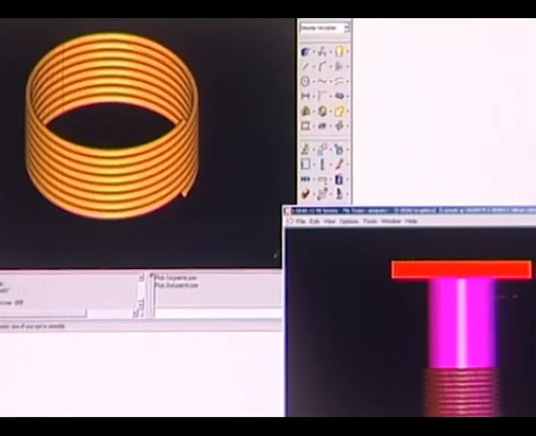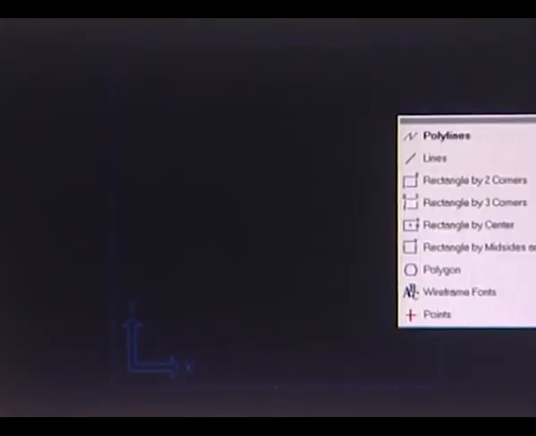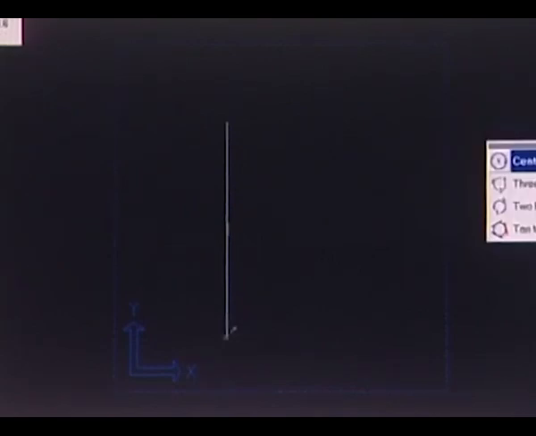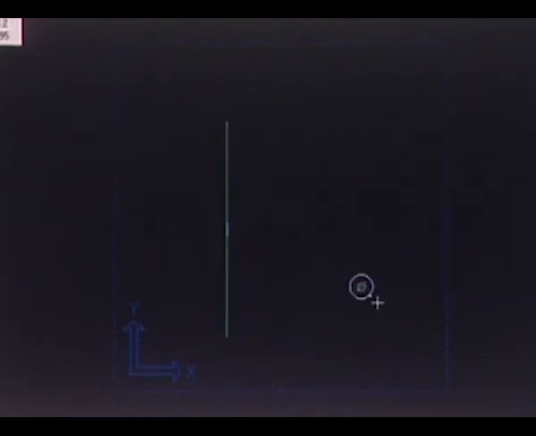I'm going to be illustrating solid modeling through the design of two mechanical components, the spring and the bolt. First, the spring design. Using the polylines option, we draw a straight line. Then using the center edge option, we sketch the circle. We next dimension the distance between the circle and the straight line, and also the diameter of the circle.